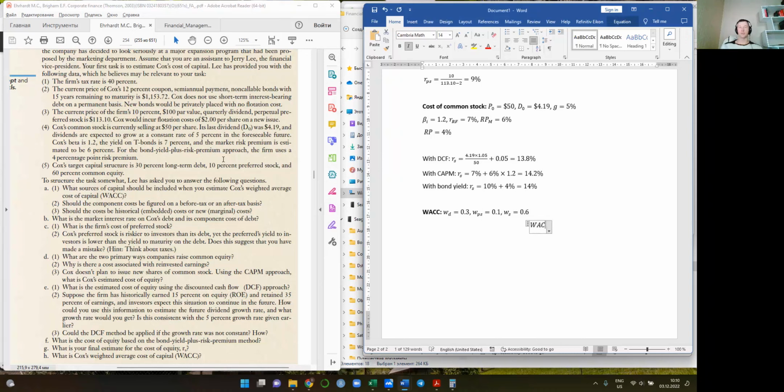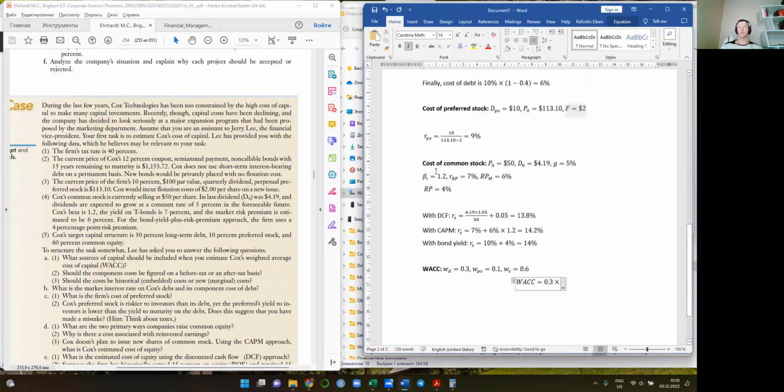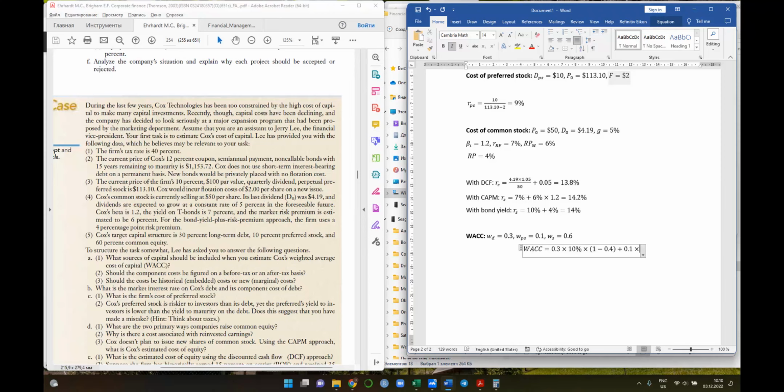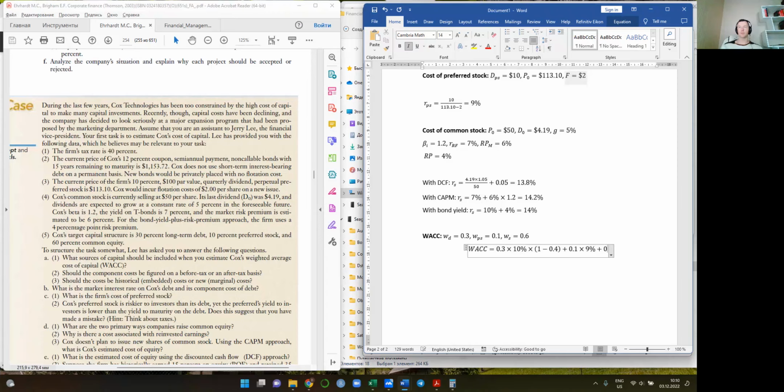Right? So the weighted average cost of capital is 0.3 times 10% times 1 minus 0.4, which is 6%, plus 0.1 times 9% plus 0.6 times one of these, for example, 13.8%.